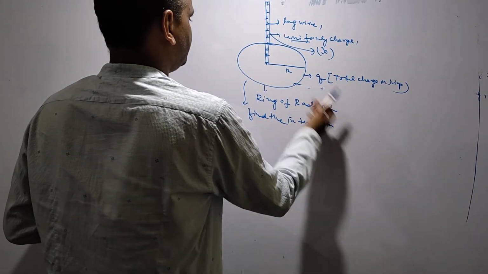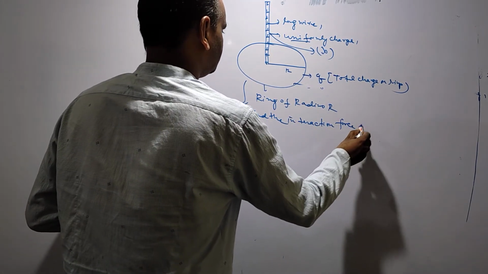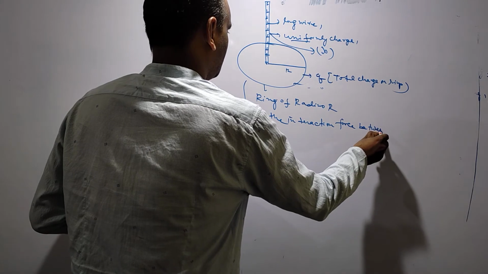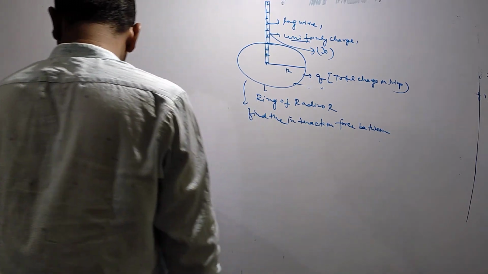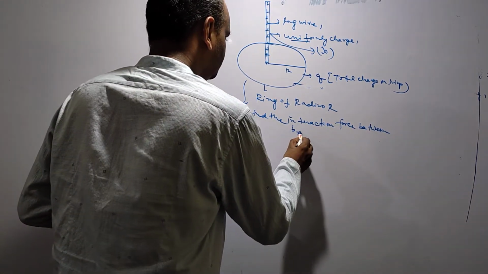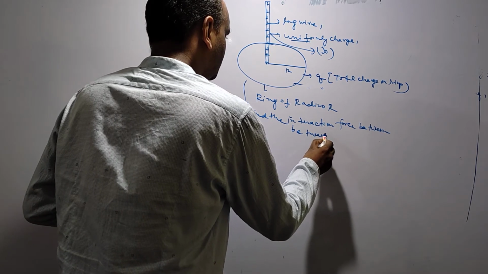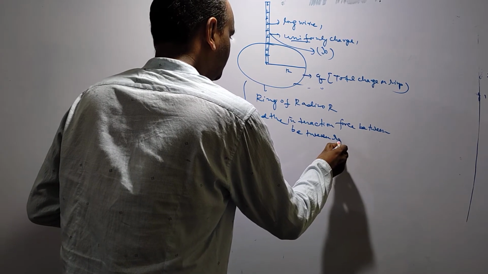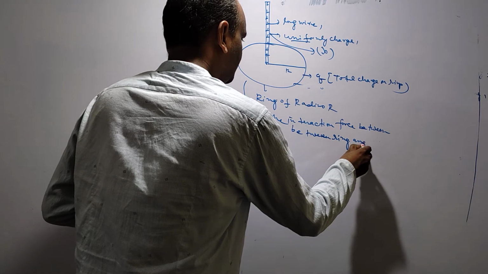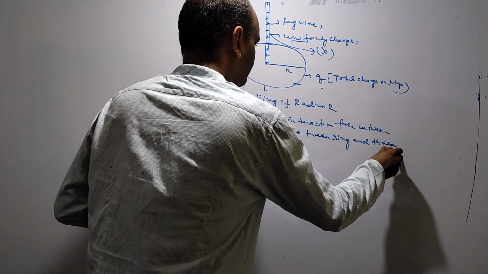So we have to find the interaction force, both have charge, between the ring and the thread. Okay.